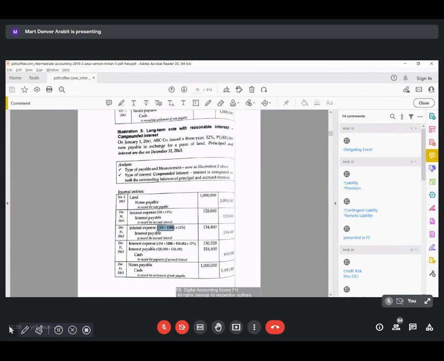So instead of 1 million as the basis ng interest, magiging 1.12 million na siya. Times 12%, which is ito na siya, 1.34. So the next year, i-add mo na yung 120 from first year and 134 for the second year. And ito na yung interest na yan for the third year. So ito yung buong interest na kailangan mong bayaran.